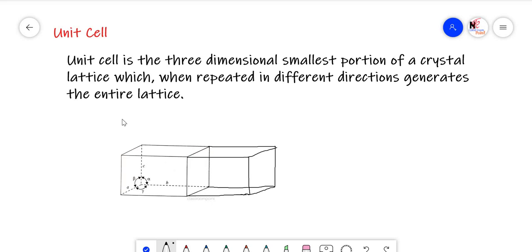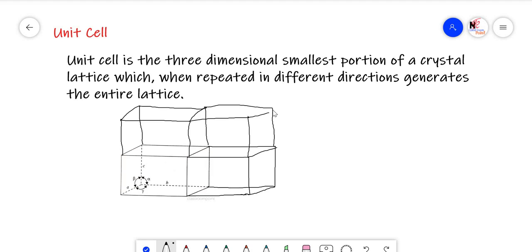Now try to repeat the same unit cell on the top side. I think now you got the idea how to arrange. So this unit cell, the smallest portion, if you keep here, here and here, you get the same type of structure. So the unit cell represents the complete crystal structure.